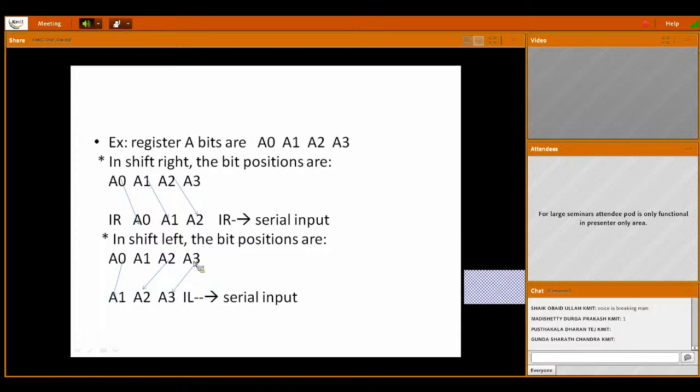You will start shifting the bits from the MSB bit position, right? So A1 will come here, and at the LSB position, you will have a serial input. IL is the serial input at left shift. IR means the right shift serial input, and this A0 will be discarded.